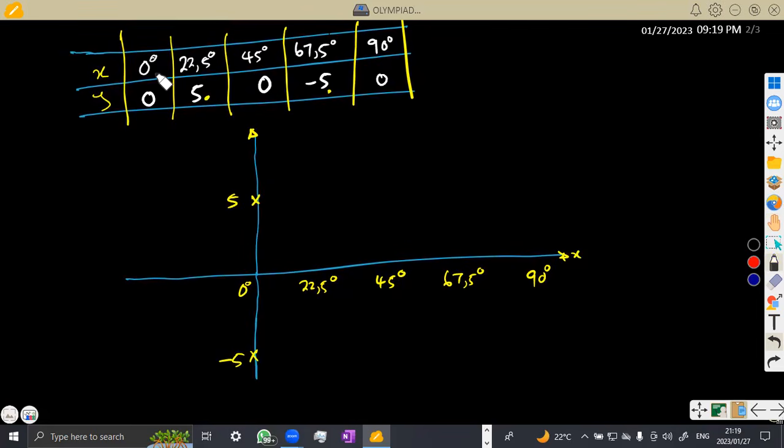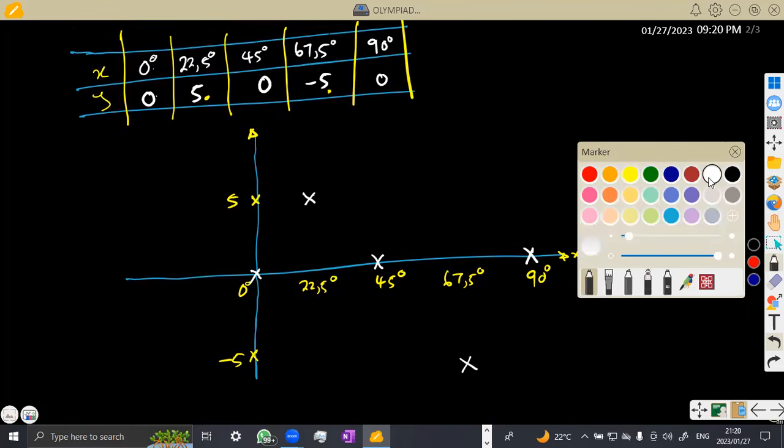So that's 0 degrees versus 0, which is at this point, 0 versus 0. 22,5 is versus 5. So 22,5 versus 5. So you can just mark at this point. 45 degrees versus 0. So that's 45 versus 0 here. 67,5 versus -5. So that's going to be a -5 here. Then 90 versus 0. So all you need is to join the points and see the graph that you're going to have at the end.